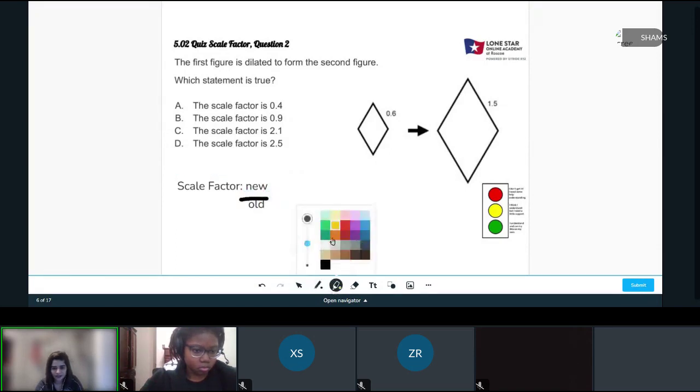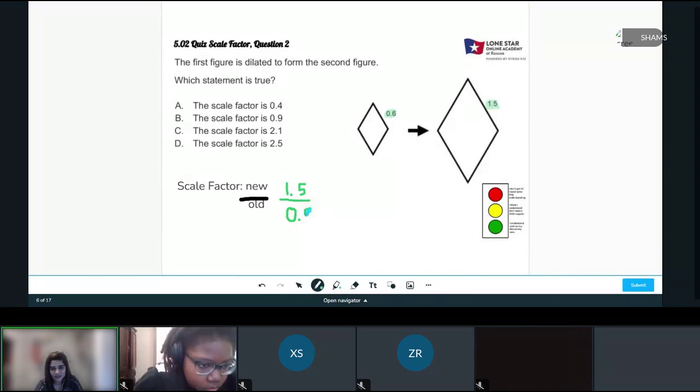So one of the new sides is 1.5. So I'm going to write down 1.5 over the original or the old one. And here is that corresponding old side, 0.6. So 1.5 over 0.6.